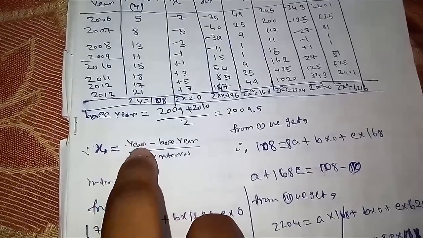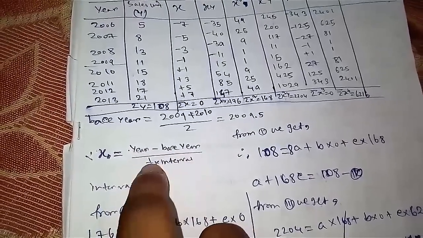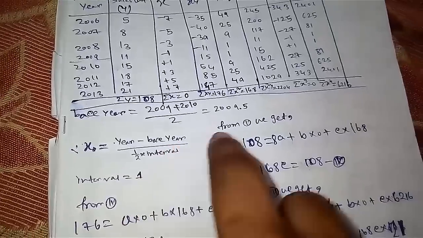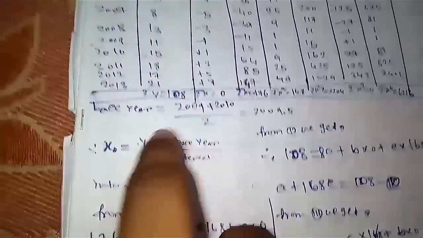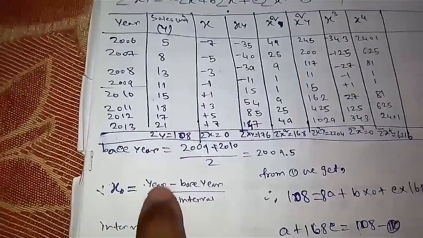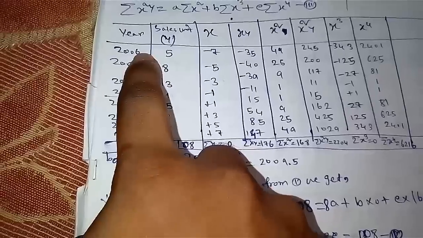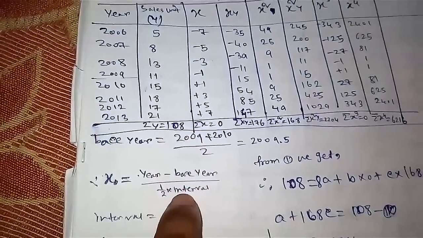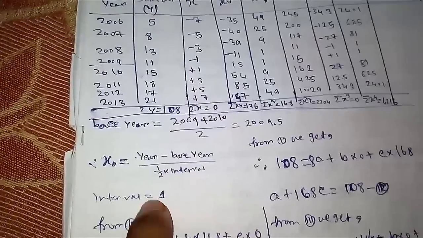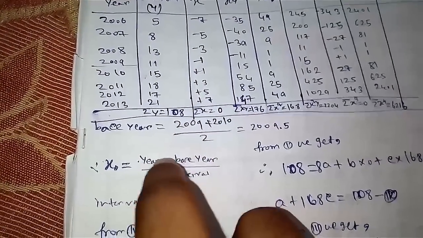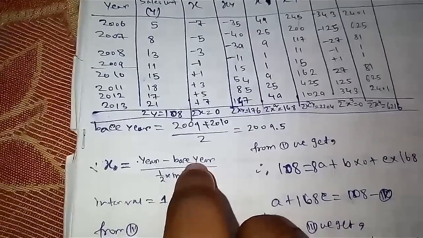Now we have to find x. For finding x, we use (year minus base year) divided by half into interval. Suppose the year is 2006: 2006 minus 2009.5, divided by half of the interval, where the interval is 1 (2007 minus 2006).